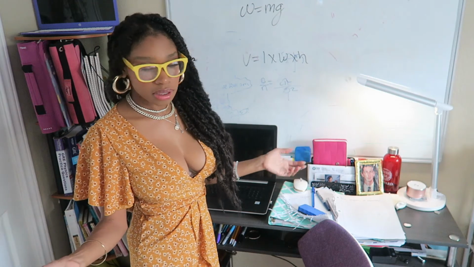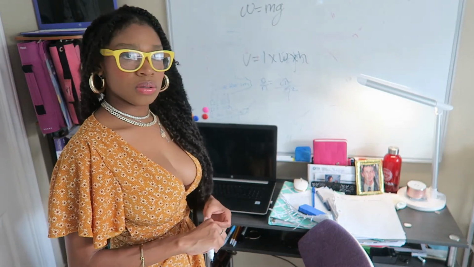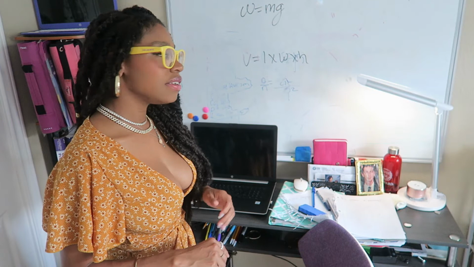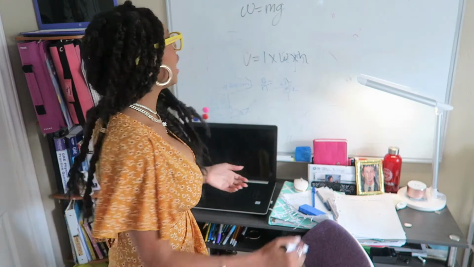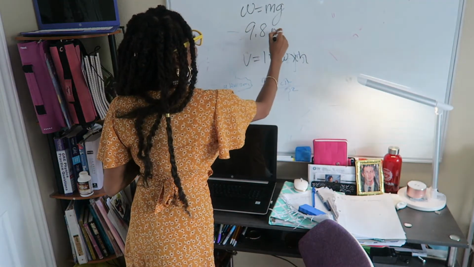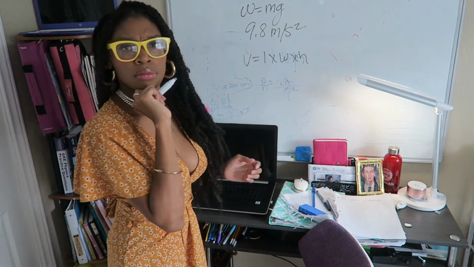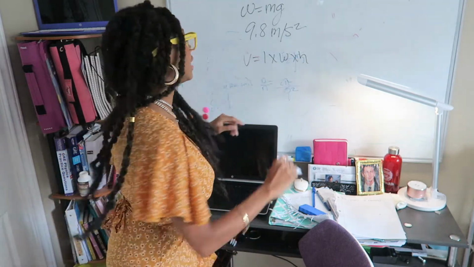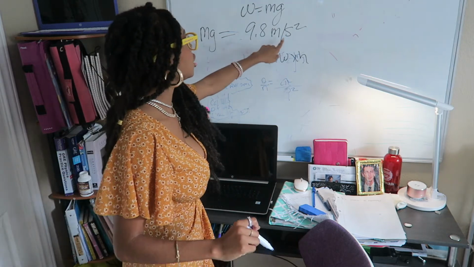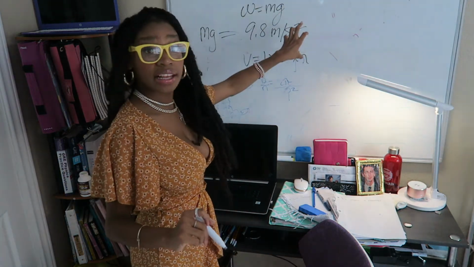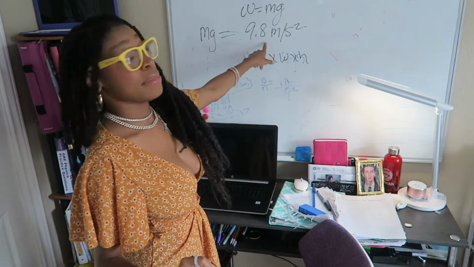If you've ever seen the acceleration of gravity on Earth, it is 9.8 meters per second squared. So no matter what the weight, it's going down at 9.8 meters per second squared.